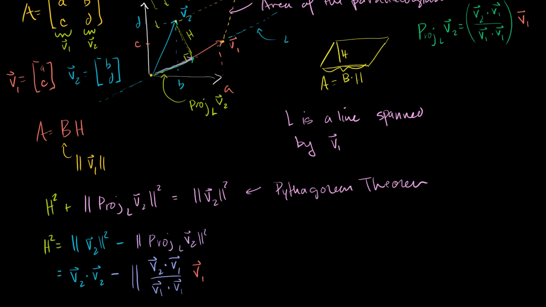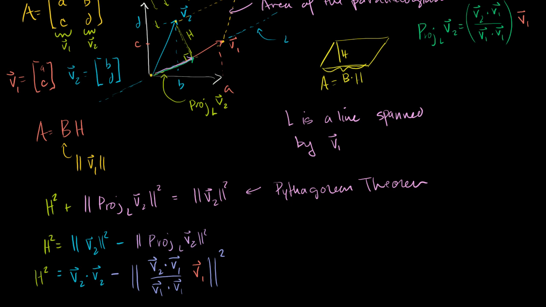And we're going to take the length of that whole thing squared. And all of this is going to be equal to h squared. Once again, just the Pythagorean theorem. This is the height squared, equal to your hypotenuse squared minus the other side squared. It looks a little complicated, but it's just the projection of this guy onto that right there.